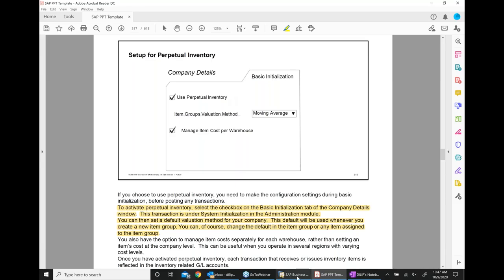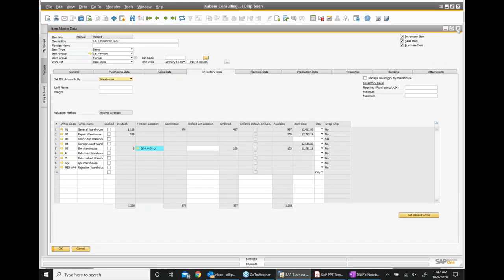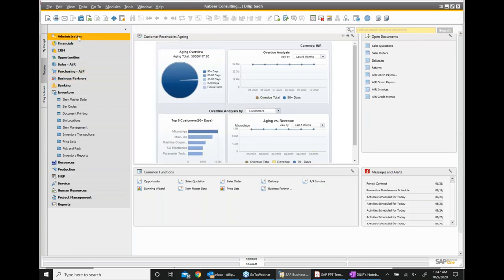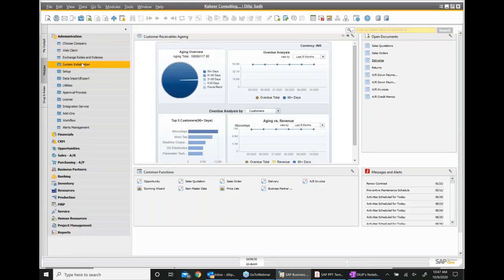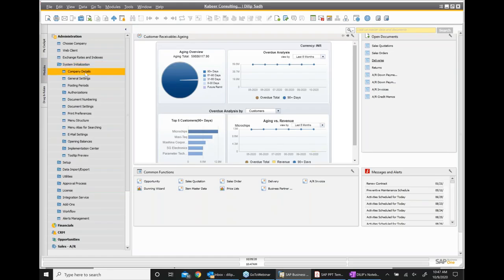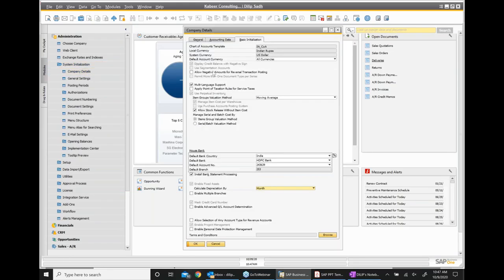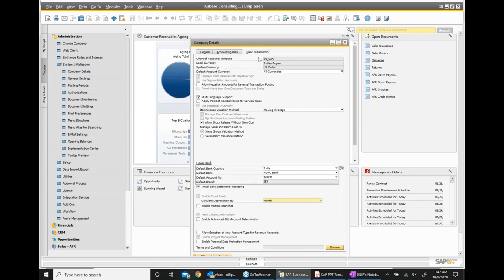So where is that? We close this, go to the administration module, system initialization, company detail, and here we have a basic initialization, and a small box, if you see my cursor, called use perpetual inventory.